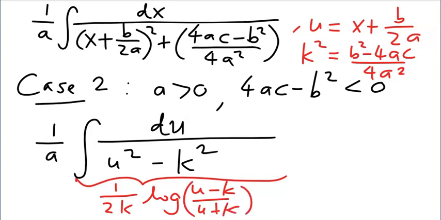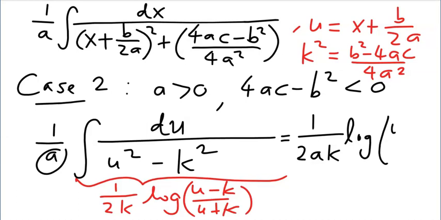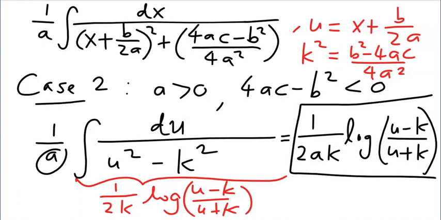So together for case 2, the final answer will be 1 over 2ak, a from there, natural log of u minus k over u plus k. And this is the result for case number 2. u is defined like that, and k follows that expression.